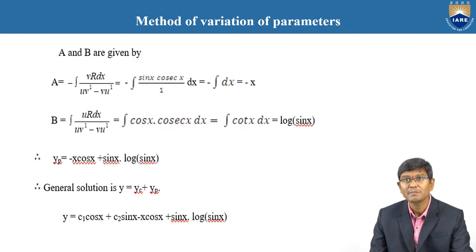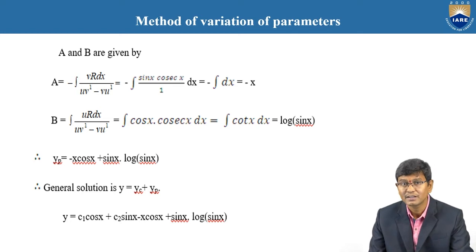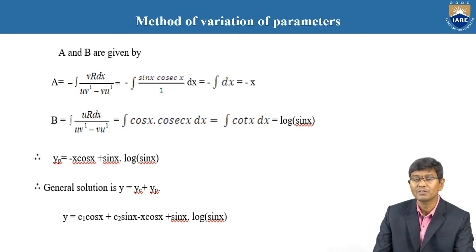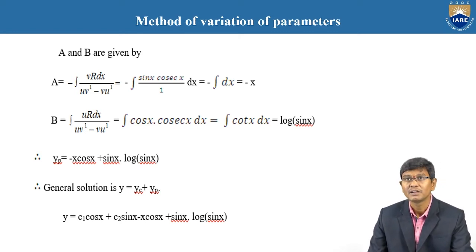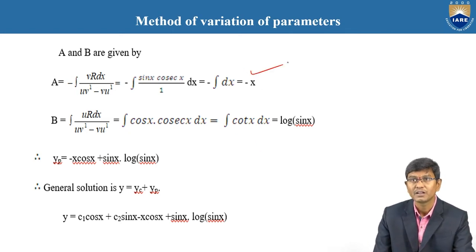Therefore, a and b are given by the formulas of the method of variation of parameter. a is equal to the negative of the integration of vr by uv dash minus v dash into dx. Using all these values, the v value, r value and uv dash minus v dash, we obtain the negative of the integration of dx.